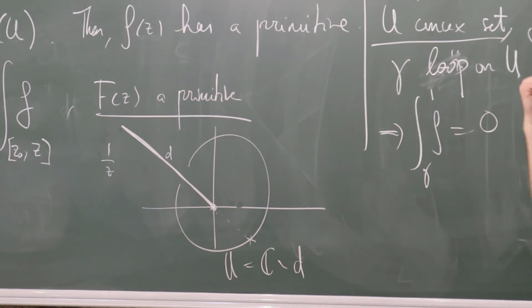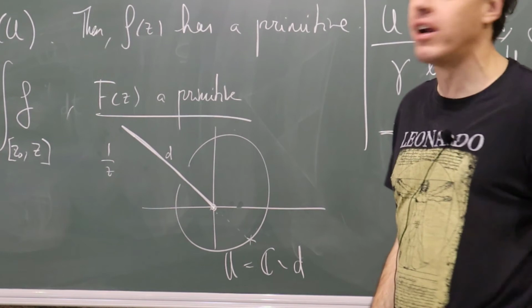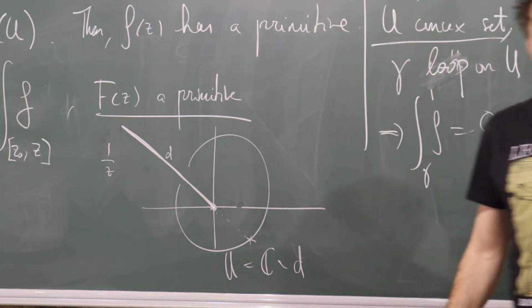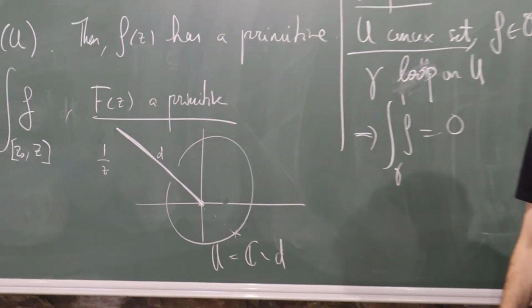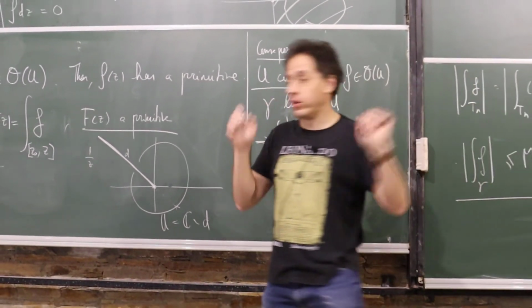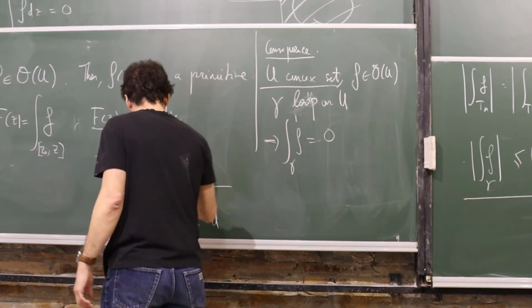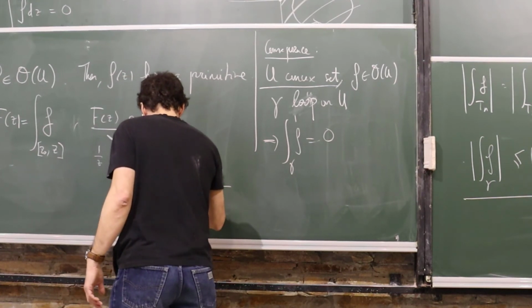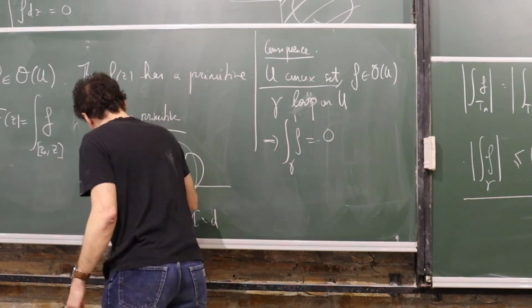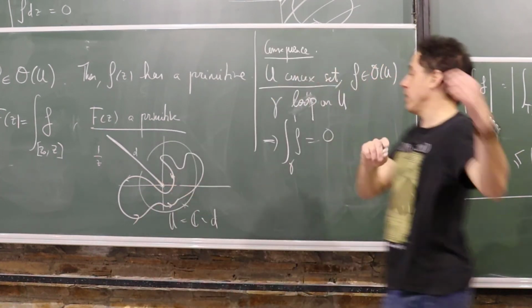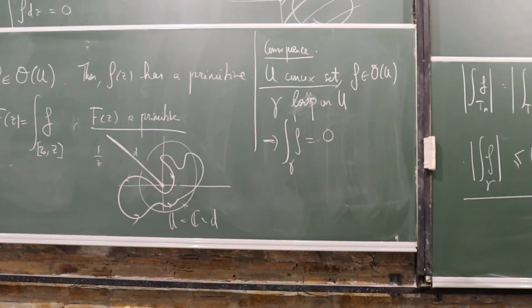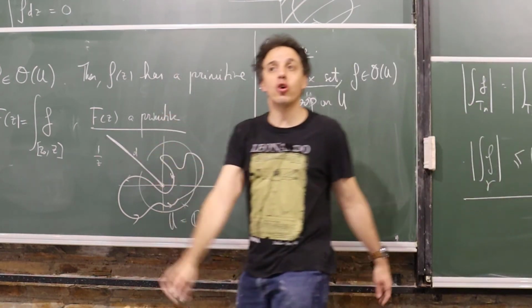You can see that a closed path here does not go around the origin. That's the problem: to go around the origin, that is a bad point. So for any path here, the integral must be 0, because it does not go around the origin.